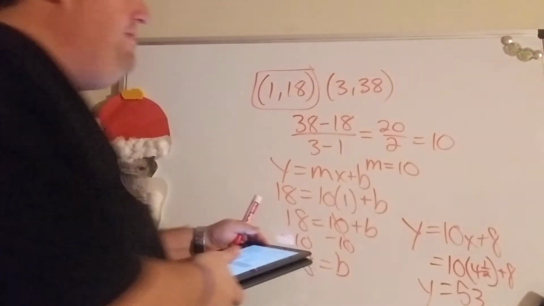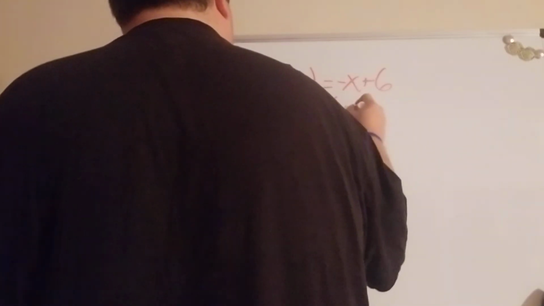All right, now number 7 was kind of cool, so I definitely want to do that one for you. All right, number 7, they gave us f of x was negative x plus 6. And they said, what's g of x if it equals f of x plus 3?